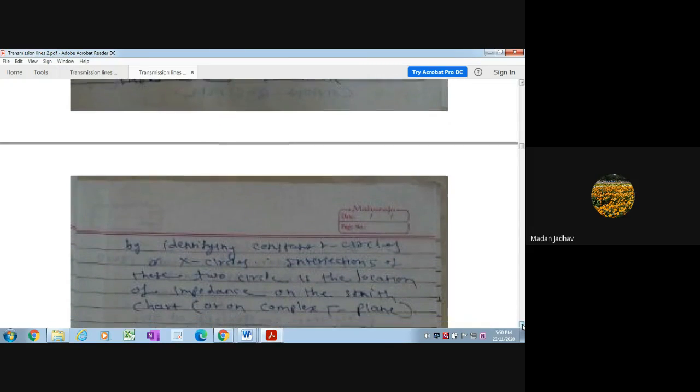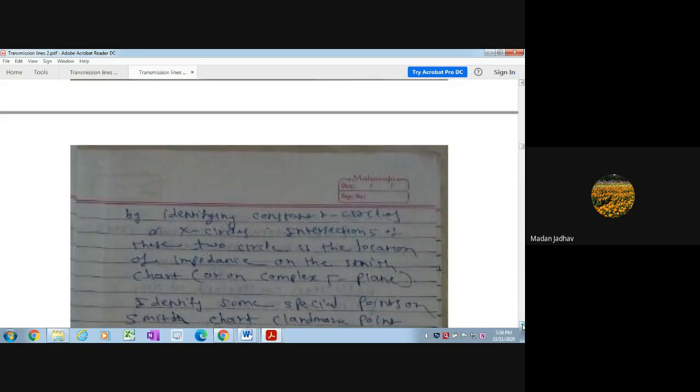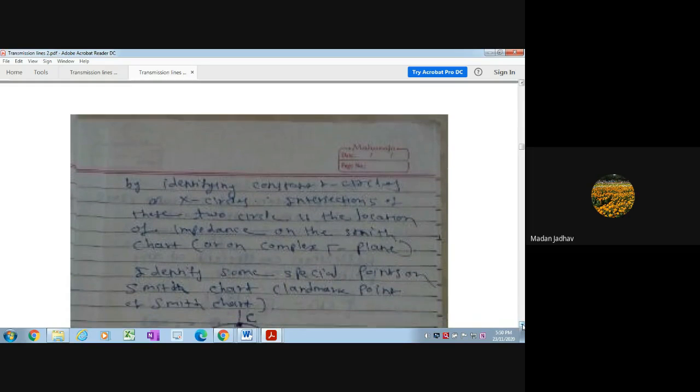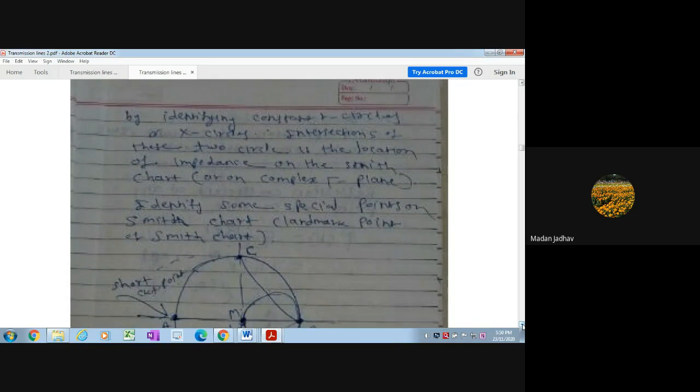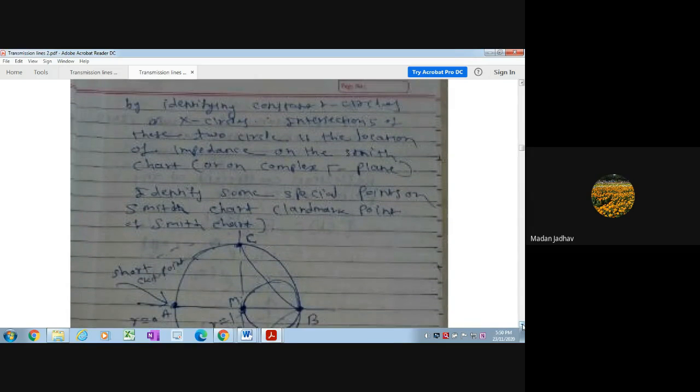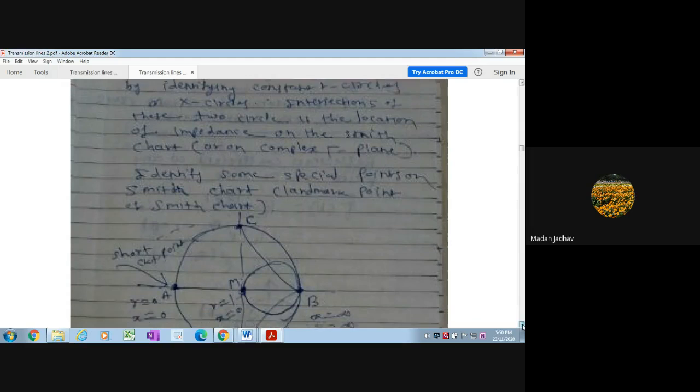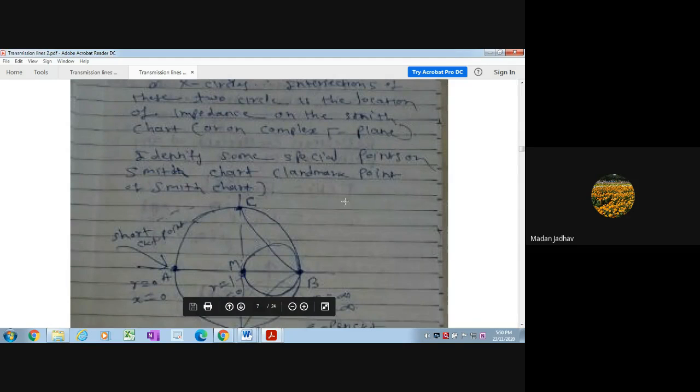We can locate the normalized impedance on the Smith chart at the intersection of the constant R circle and the constant X circle. The intersection of these two circles is the location of the impedance on the Smith chart. Okay, the Smith chart is nothing but the complex reflection plane.